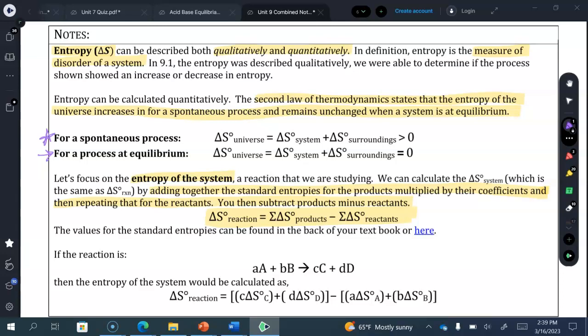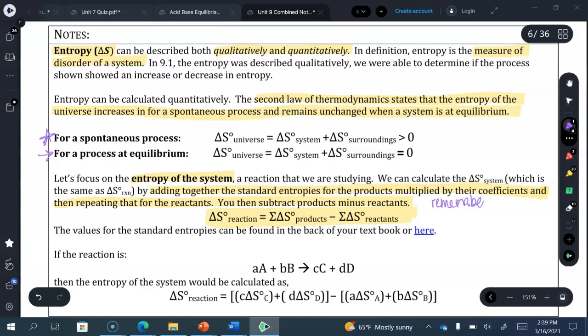There is a link that you can access, but I also want to point out that a while back we talked about enthalpy.